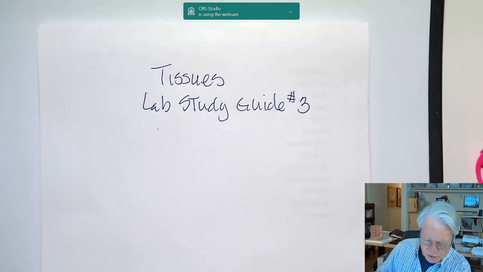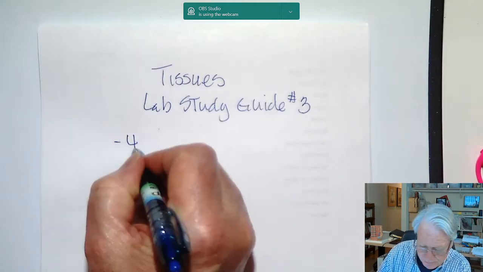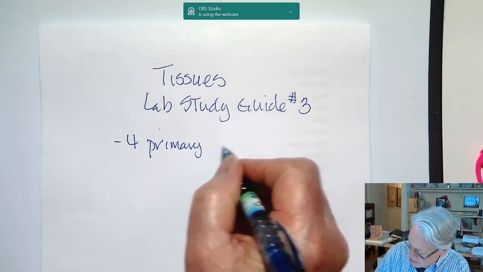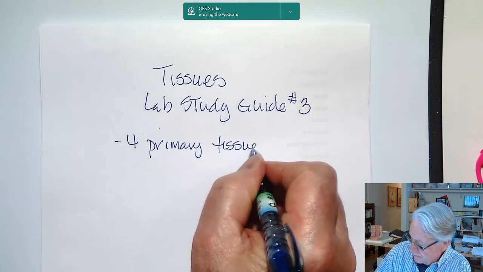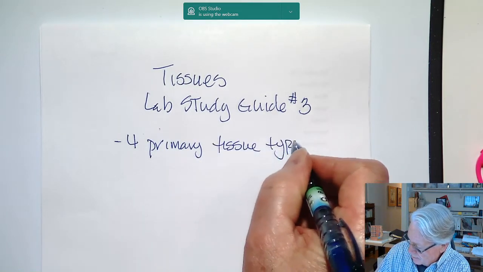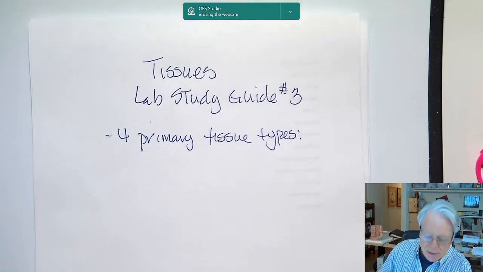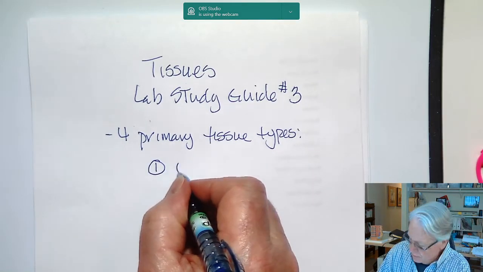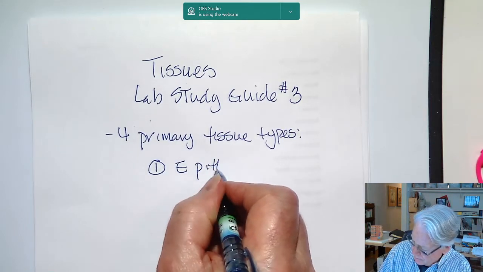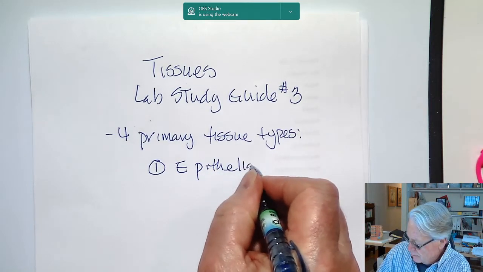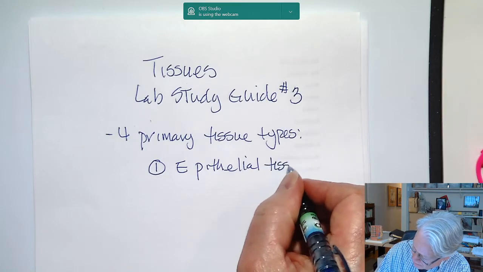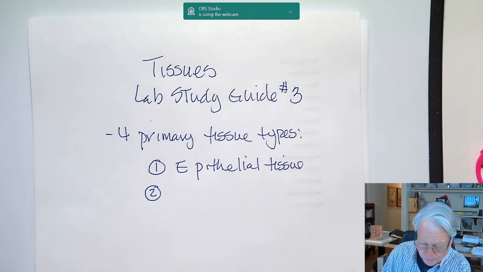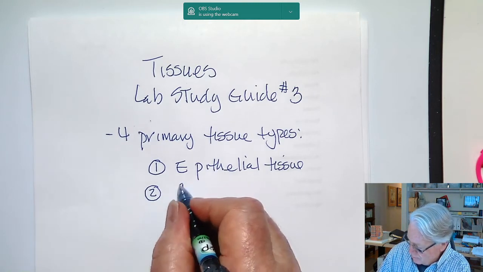All right. So there are 4 primary tissue types. These include, number one, epithelial tissue. Number two, connective tissue.